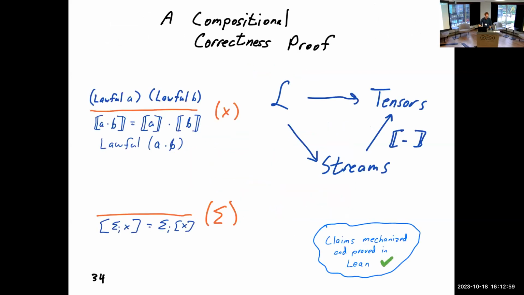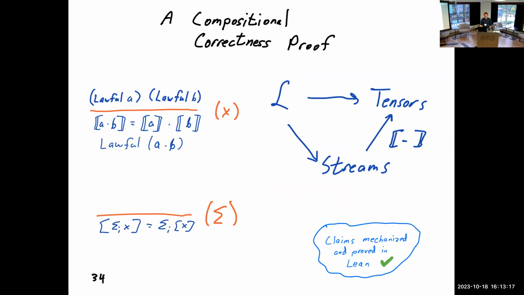And finally, I said at the beginning that this is about formal verification. Well, the core of the proof is very simple. The core of the proof is essentially that this stream evaluation function we have is a homomorphism with respect to products and sums.